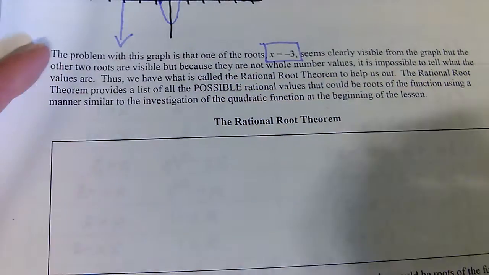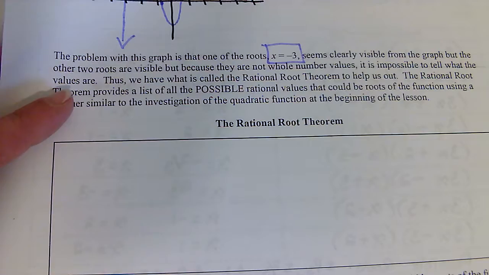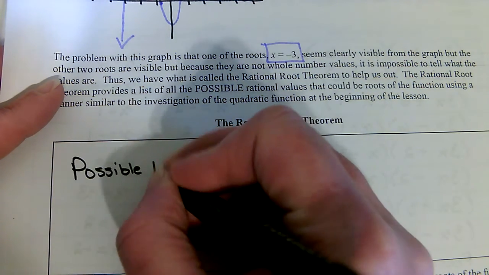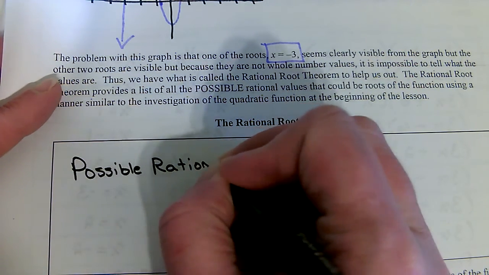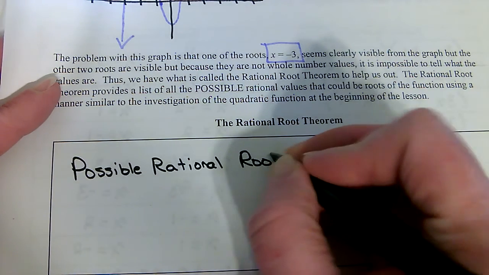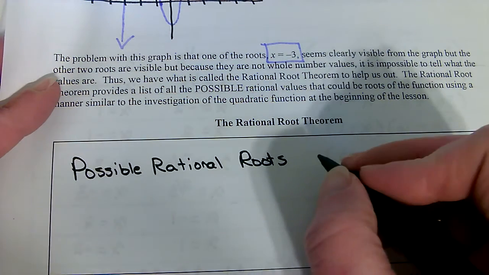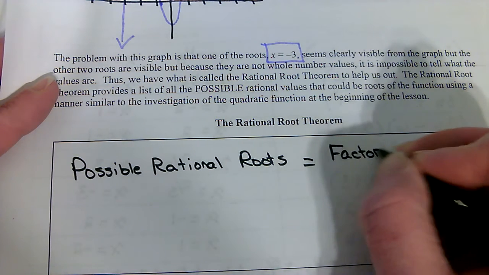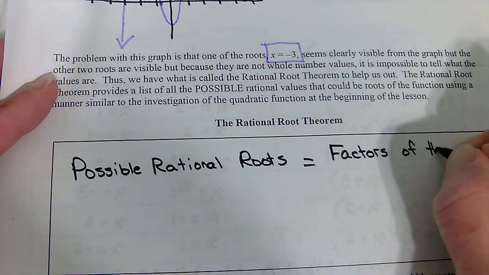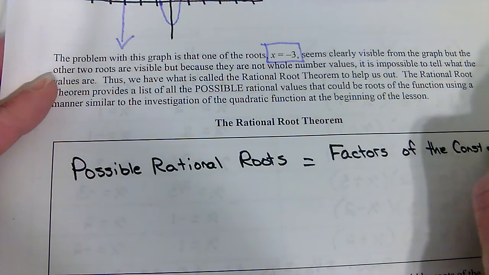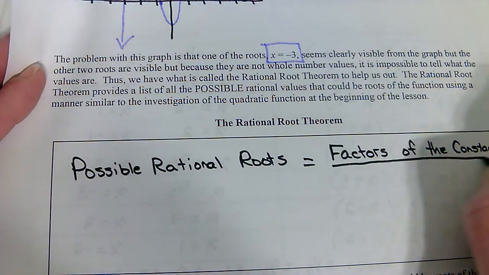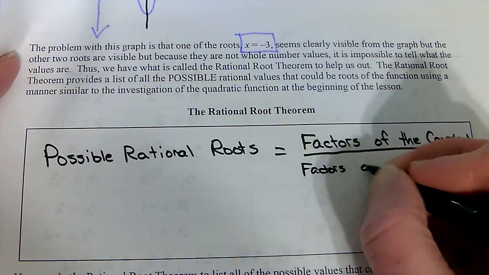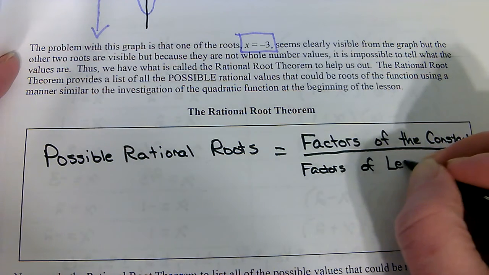And the rational root theorem says that the possible rational roots can be found by taking the factors of the constant divided by the factors of the leading coefficient.